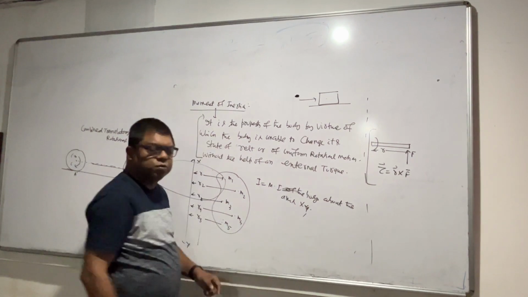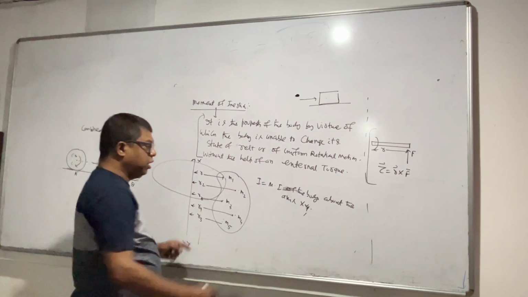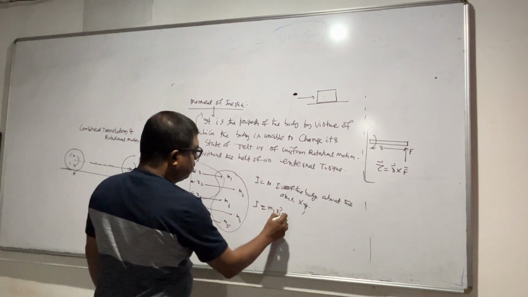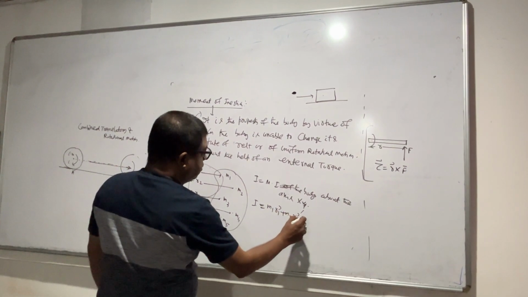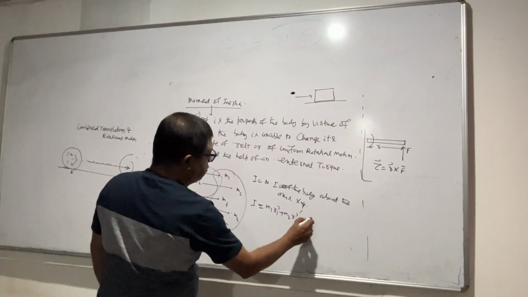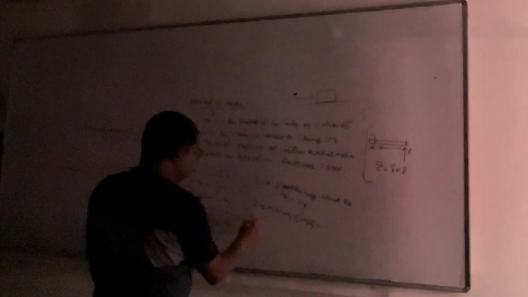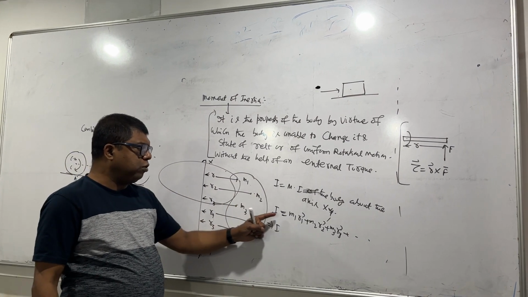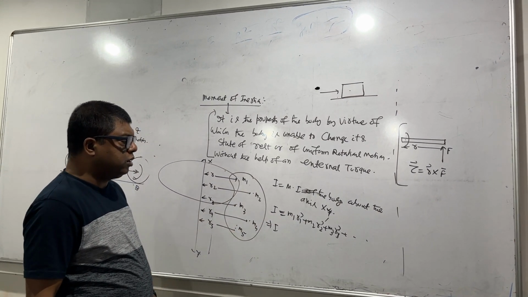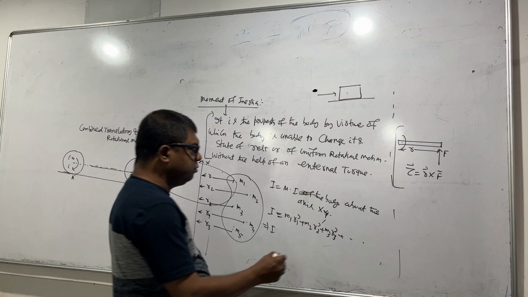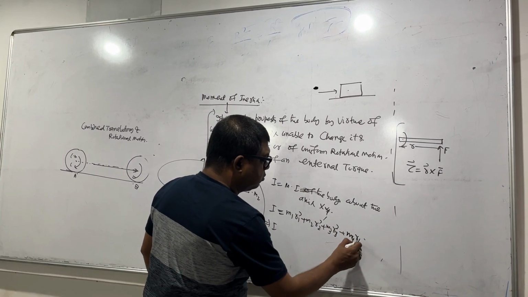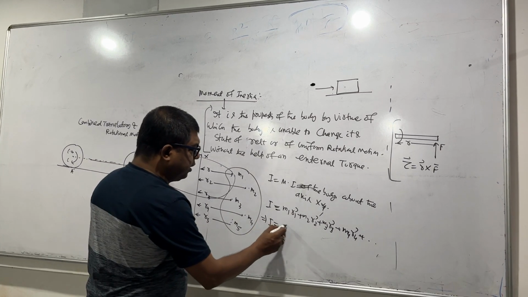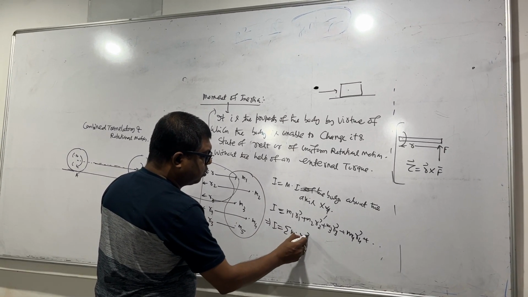The moment of inertia is to be calculated about an axis XY, and it is equal to m1 r1 square plus m2 r2 square plus m3 r3 square plus m4 r4 square. So I is equal to, we can write it as, summation mi ri square.